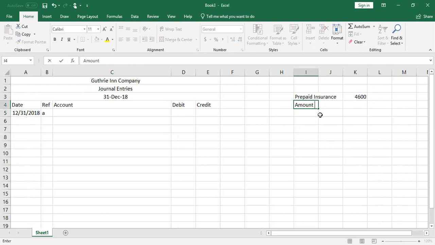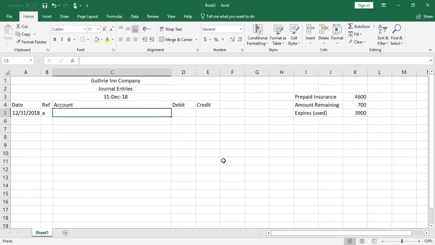The actual amount remaining is only $700. So we've got to figure out the part that has expired or been used up. Take 4,600 minus 700. $3,900 of the 4,600 in prepaid insurance has been used up, because the only part remaining at the end of the year is $700.